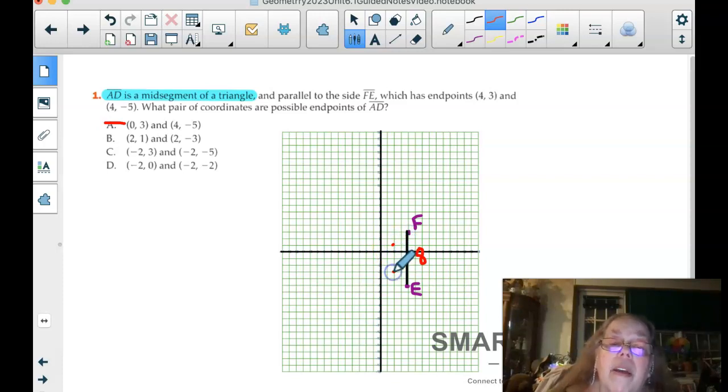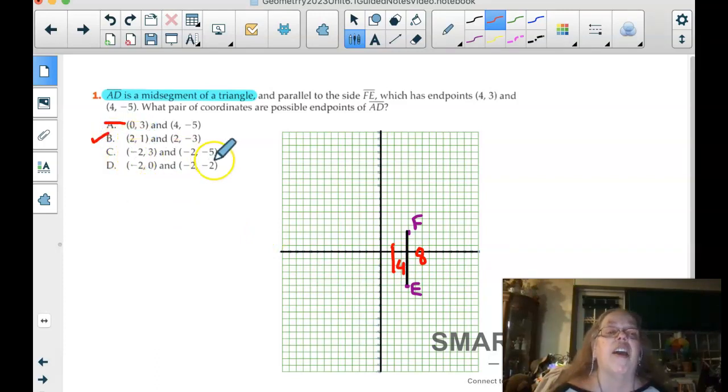All right, and I'm going to connect the dots. This one has good possibilities, right? This is 8. How many units is this? 1, 2, 3, 4 units, and it's parallel. So this is 4 units right here, and it's parallel. So this one has good possibilities so far.